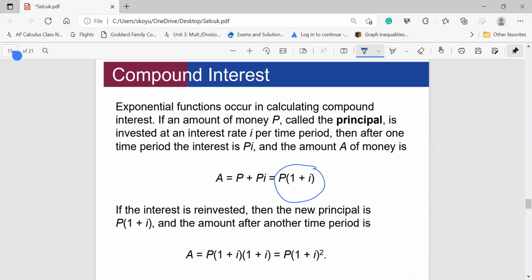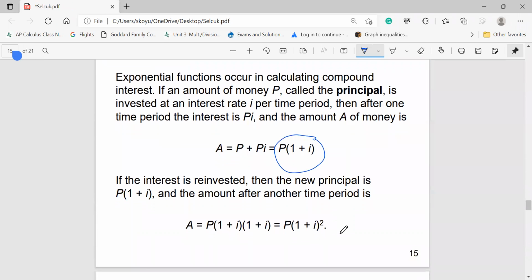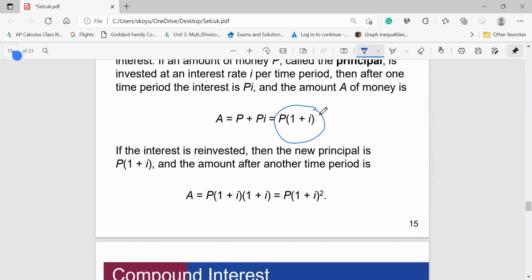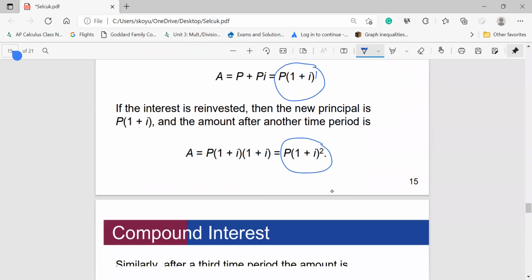I. And then if you just keep on doing this, for instance, now you have this one after a certain period of time, and if you keep on applying the same interest rate to this amount, then you will keep getting the different power of 1 plus I. So this one is 1 plus I to the 1, this one is 1 plus I to the second power.